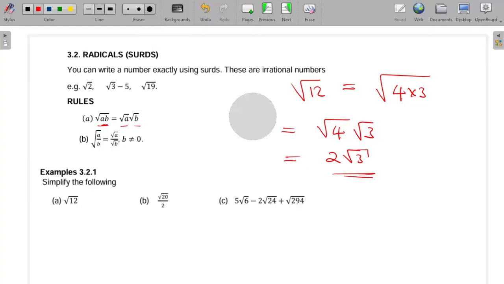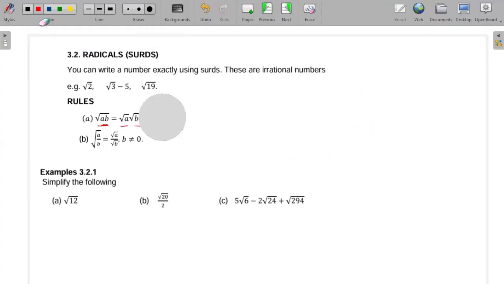Okay. The next one, we're simplifying the square root of 20 divided by 2. In the 20 there, can I get a perfect square is what you're going to ask. And of course, you can. 20 is just 4 multiplied by 5.